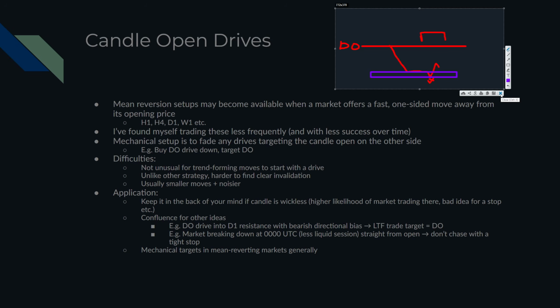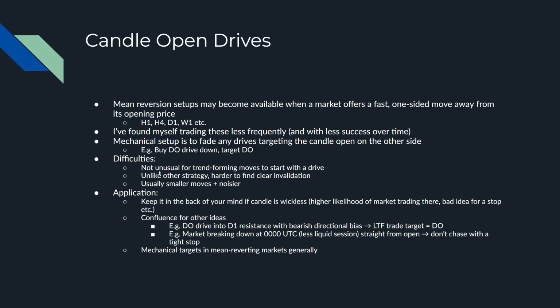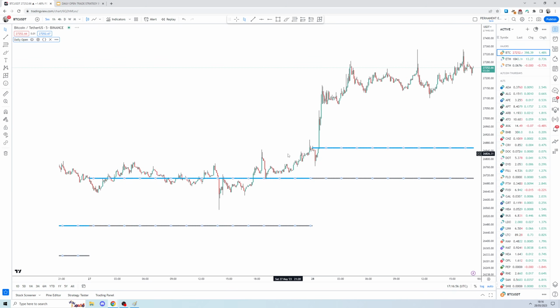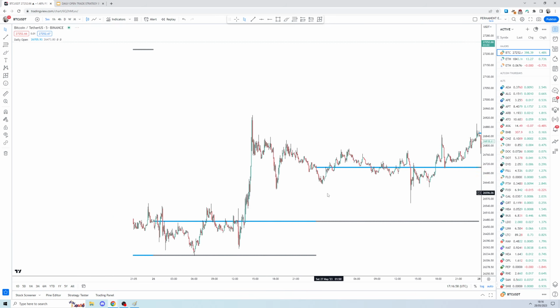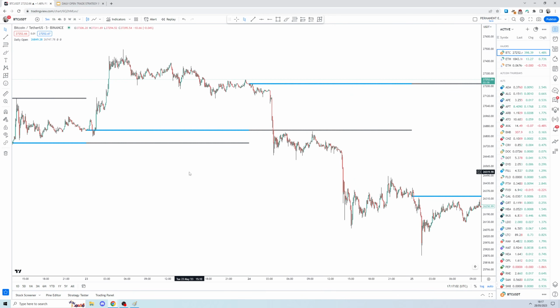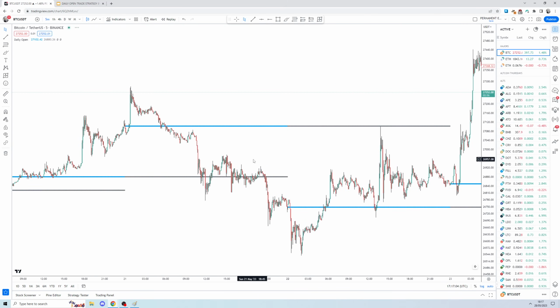All of those are viable, but it tends to be a bit messier and far less clear than the first setup presented. The final point I'll make is that the difficulty with candle open drives, specifically around the daily open, is that the moves are usually much smaller and noisier, especially if you try to trade this every day as a mechanical strategy. There's just a lot of chop and churn around the daily open, so at face value I don't think it's the best idea.